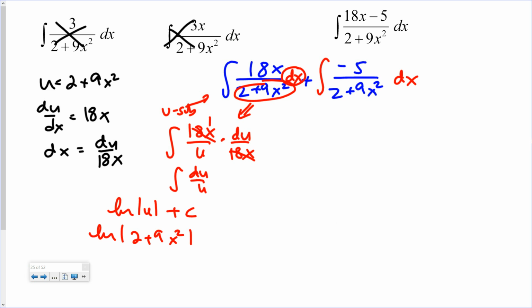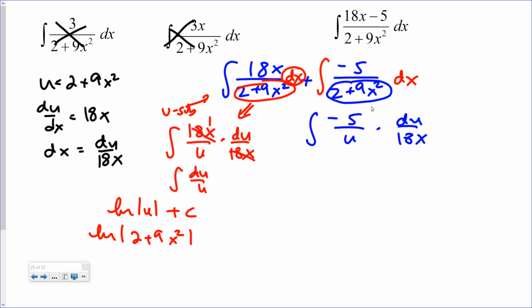On this side, when I make this my u right here, I'll have negative 5 over u times, it's the same math problem, u equals 2 plus 9x squared. My dx is going to be du over 18x, so this would be du times 18x. And my question will be, do my x's cancel out here?